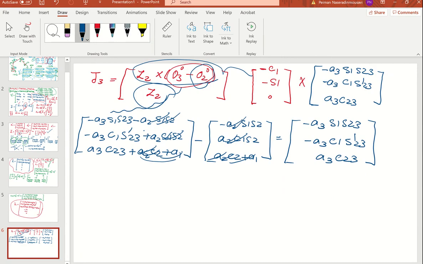So J is cosine this, and this is K, and the result is going to be minus S1 A cosine 2 3.